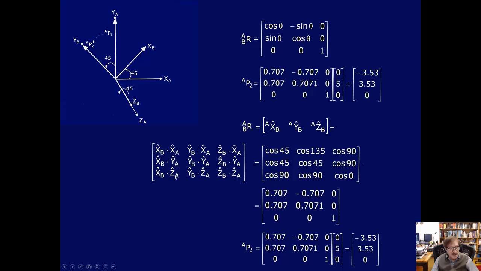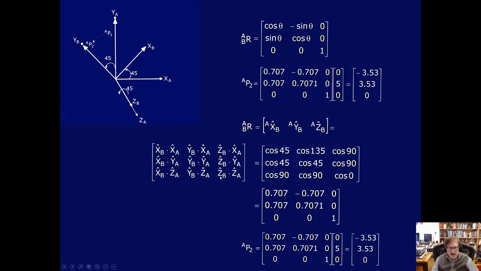xp dot za is another 90 degrees. Why? Because xp is in a plane which is perpendicular to za, cosine 90. yb dot za is also 90 degrees because again za is perpendicular to the plane on which yb is.